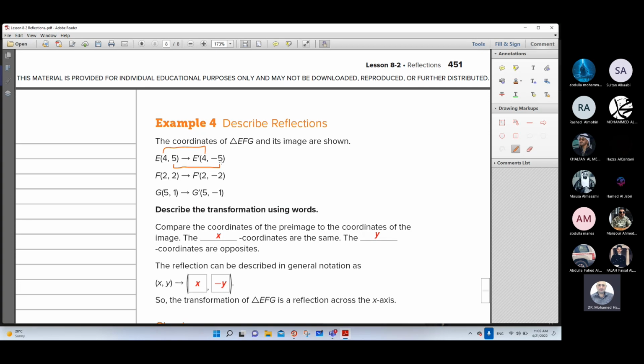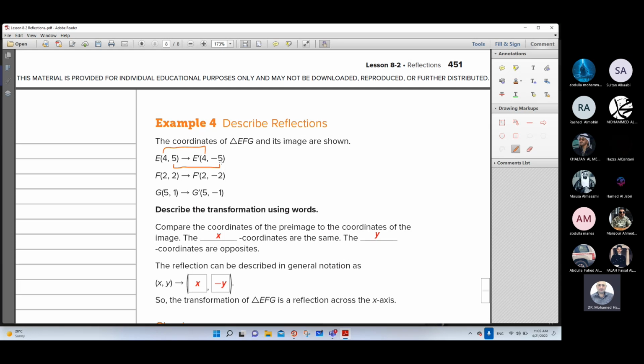This means the line of reflection is about the x-axis or about the y-axis. If we have the same x, it means about what?